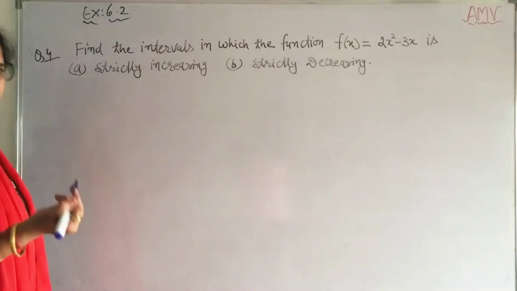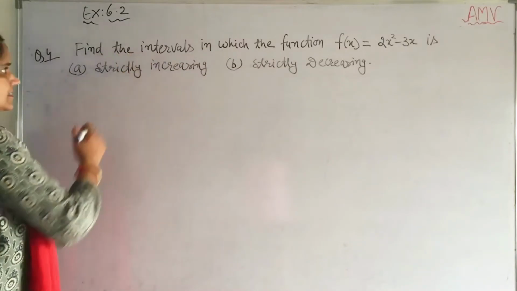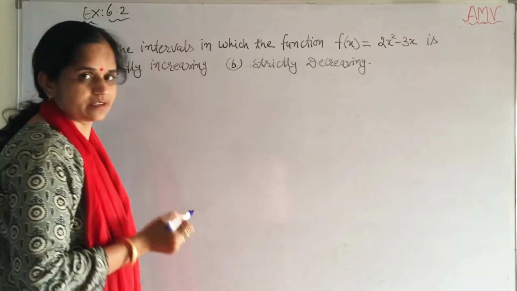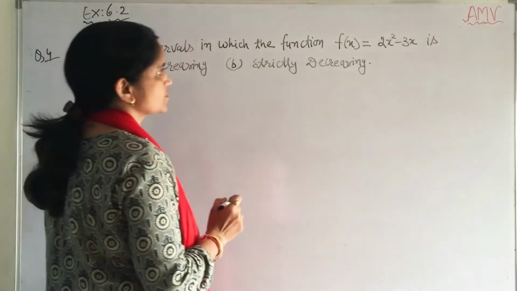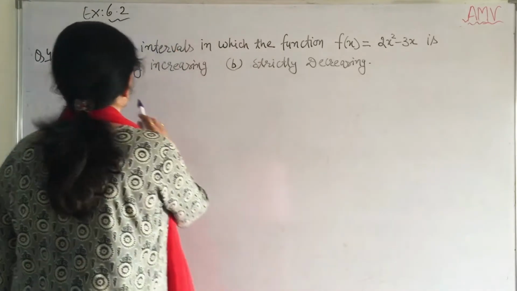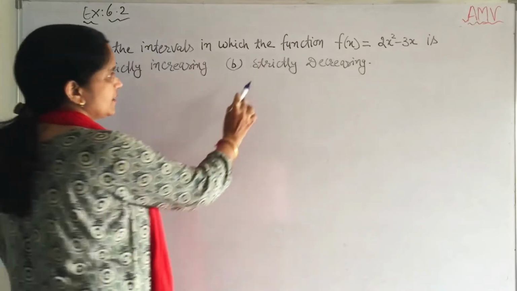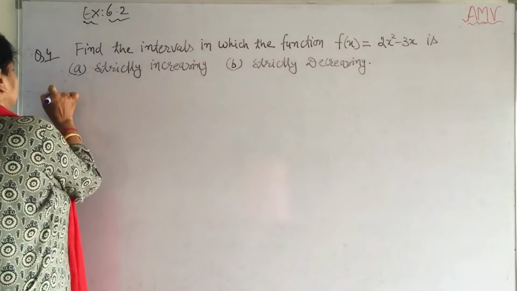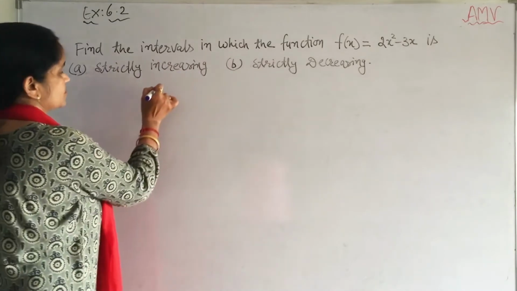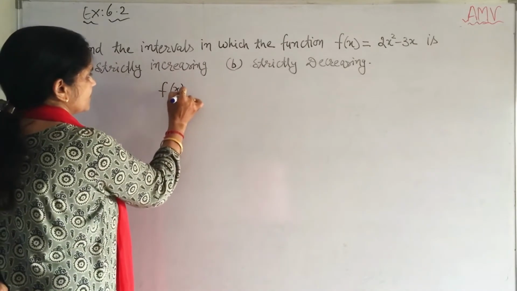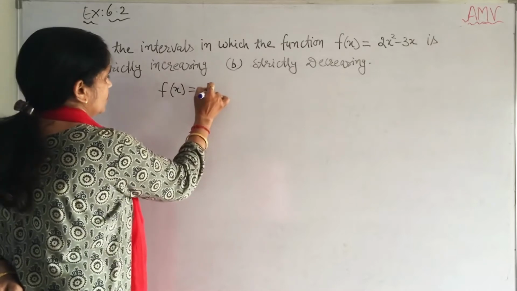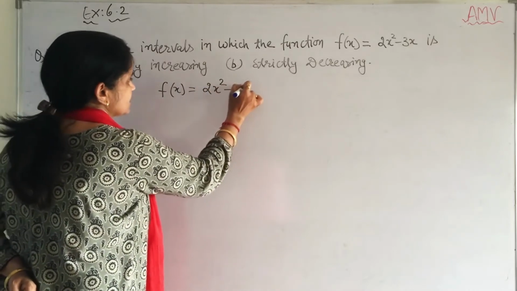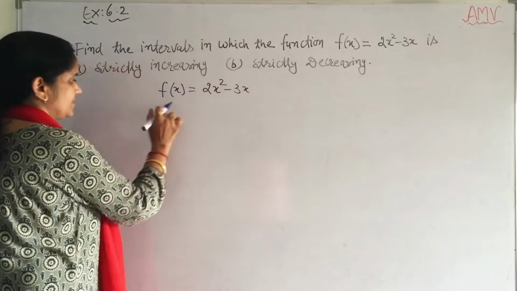Question number 4. Find the intervals in which the function f(x) = 2x square minus 3x is strictly increasing and strictly decreasing. To solve this question, students, first write the given function f(x) = 2x square minus 3x and then differentiate.